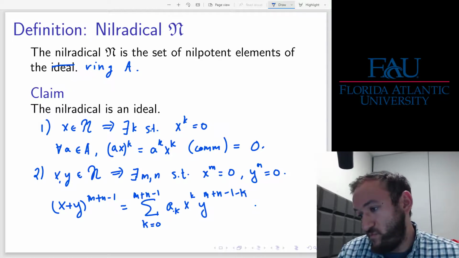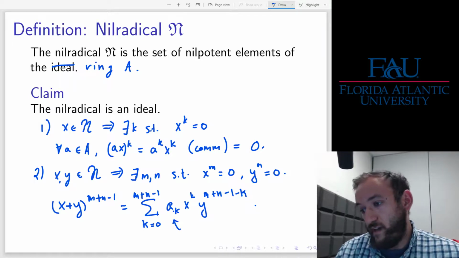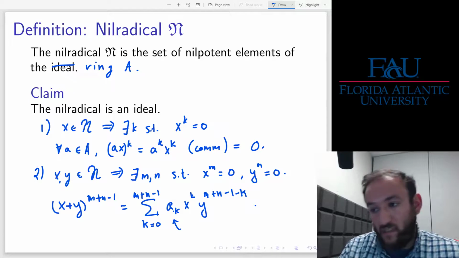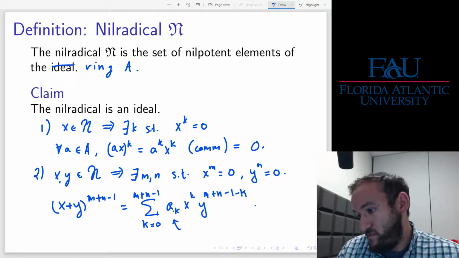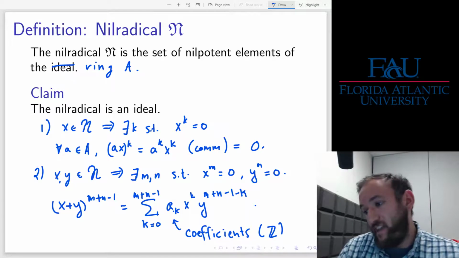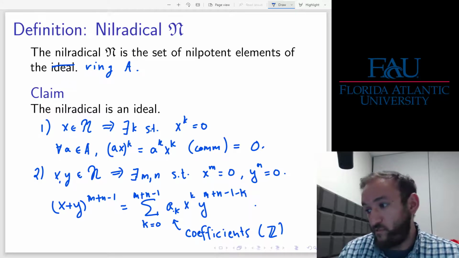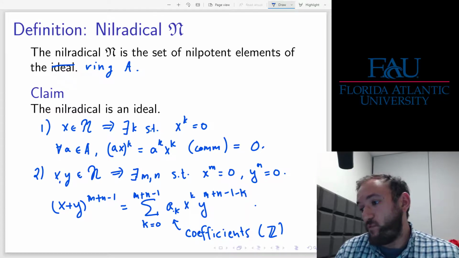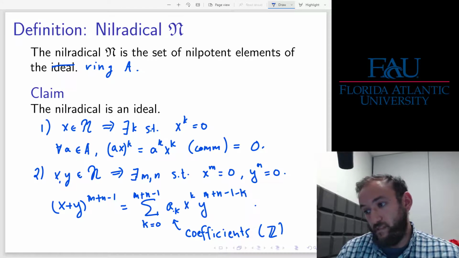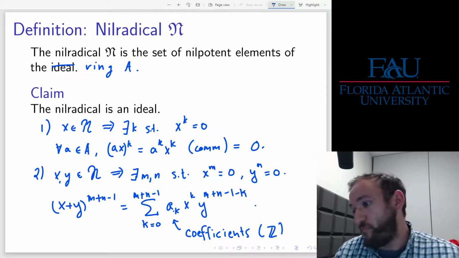Okay, and a_k is just going to be, depending on the ring, some integer or something like an integer. These are just coefficients, possibly in Z. And then for any k greater than or equal to m, x to the k will be 0 by the fact that x to the m is 0.